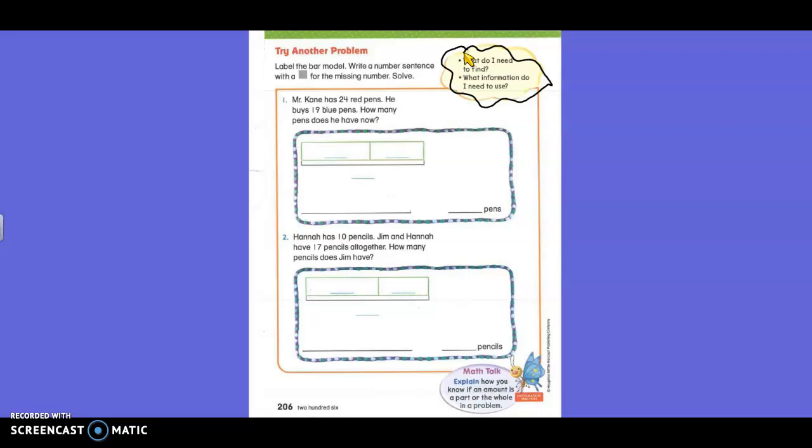Mr. Kane has 24 red pens. He buys 19 blue pens. How many pens does he have now? Okay, what information are we trying to find? What are we trying to figure out? Finley? No, what information are we trying to find?